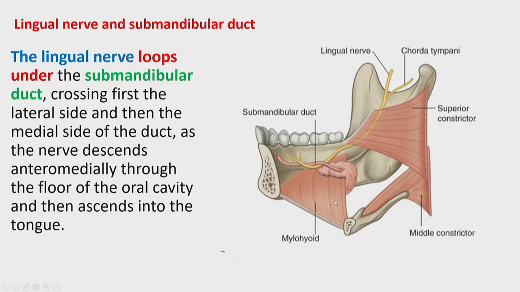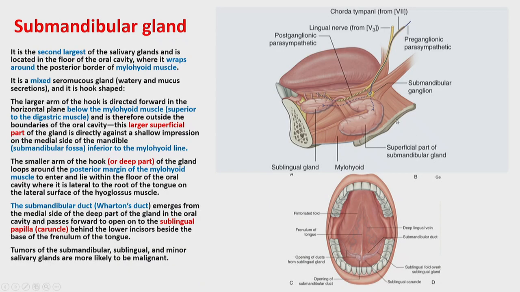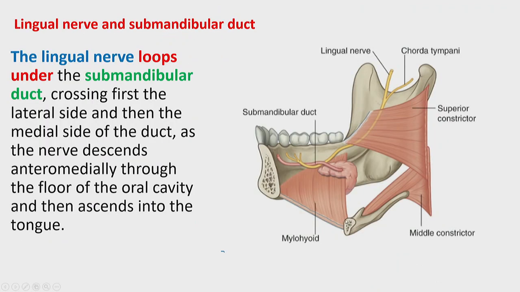This is the mylohyoid muscle. And here is the anterior process of the submandibular gland that turns behind or above the posterior margin of the mylohyoid and goes up there, sending the submandibular duct to the oral cavity proper.